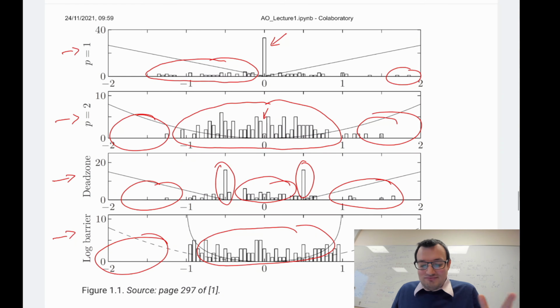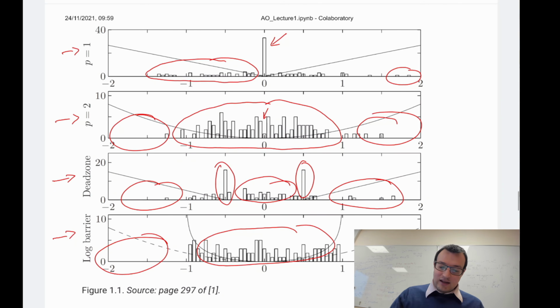Whatever penalty function you use, you're getting a solution, but the properties of the solutions are different. And understanding what a certain penalty function provides you is important. Okay? So it depends what you're trying to achieve, what your practical problem is. Depending on that, you pick the penalty function.